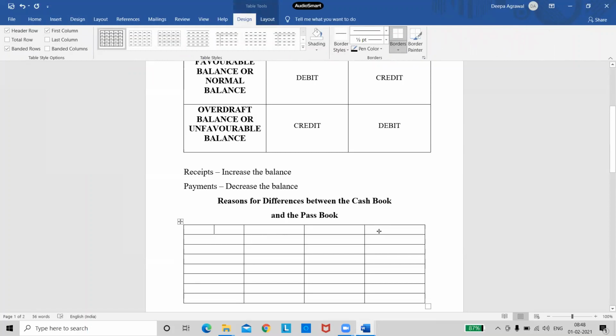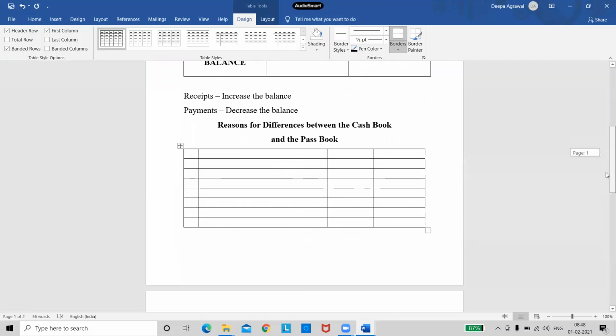Let me just draw the table. Give me 2 minutes. So I need one column for the serial number. You can have a very small column for that. The next column is for particulars, and then you will have 2 more columns. So quickly draw these columns. You will have to write along with me now.